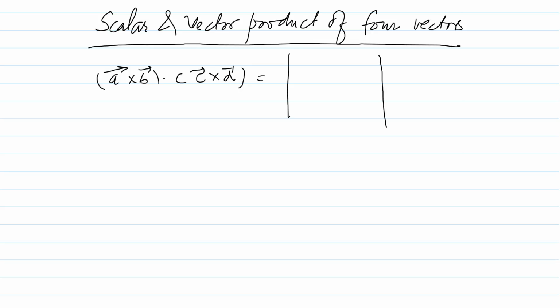So this value can be written as: the first element of the first row is A dot C, taking the dot product of A and C, and then A dot D. And then the second row can be written as B dot C and then B dot D.